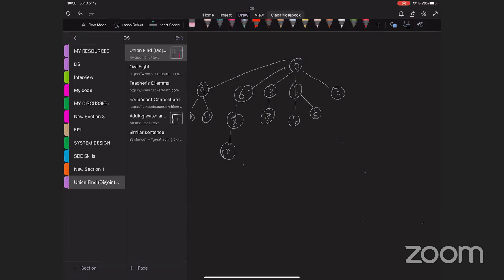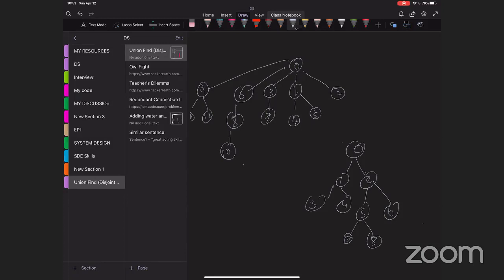Yeah. So what I'm saying is that you still can have a 0, 1, 2, 3, 4, 5, 6, 7, 8, this kind of tree, right? And in this case, suppose I'm doing the find 8.